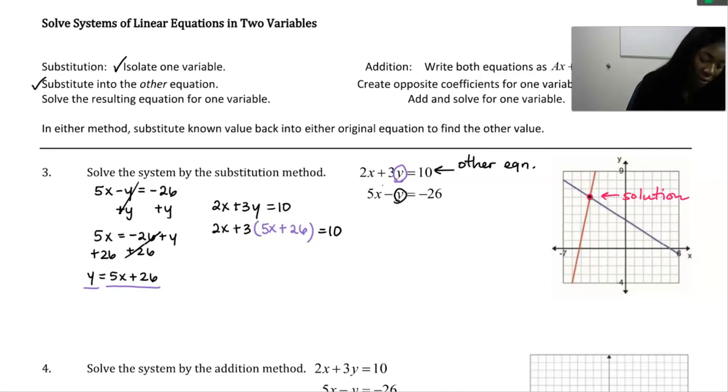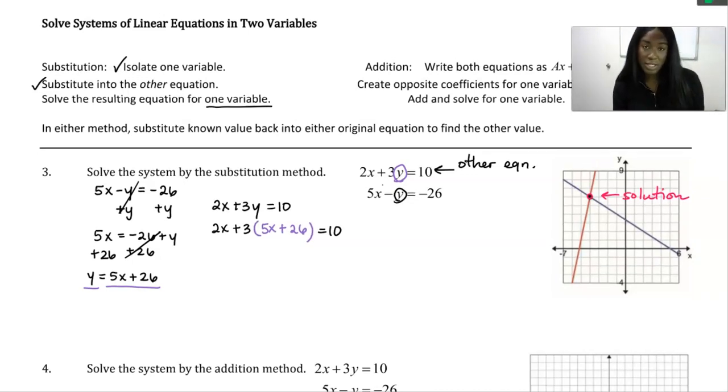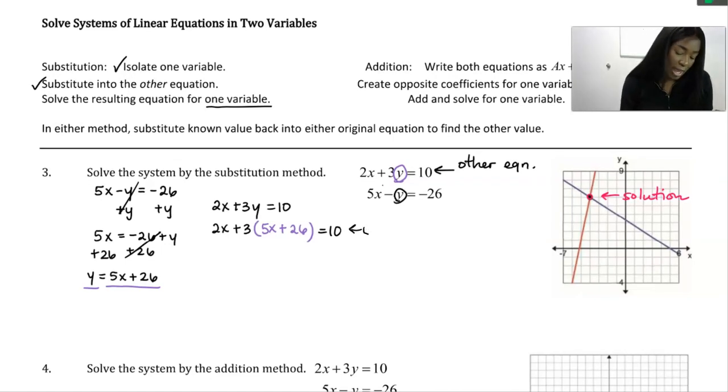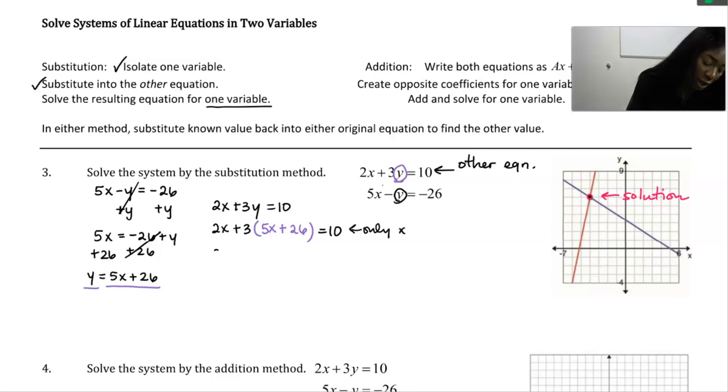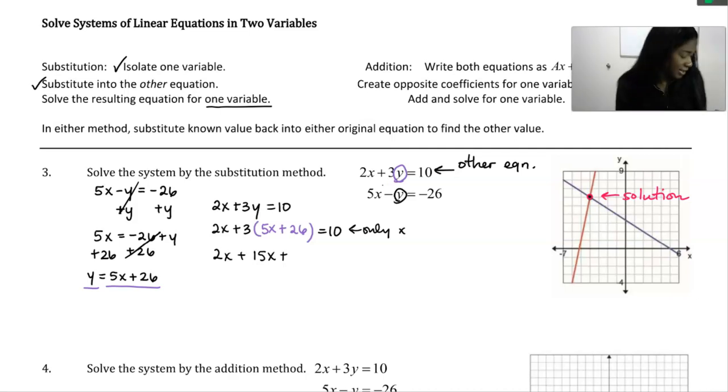And now I have an equation that only has one variable. Right now, this equation down here only has x. So now we can solve for x in that equation. So we have 2x plus, distribute that 3, 15x plus 3 times 26 is, I want to say 78. Yes, 78. That's equal to 10.